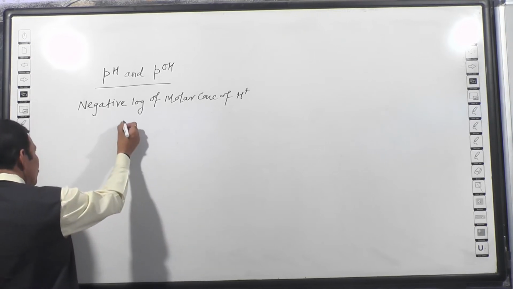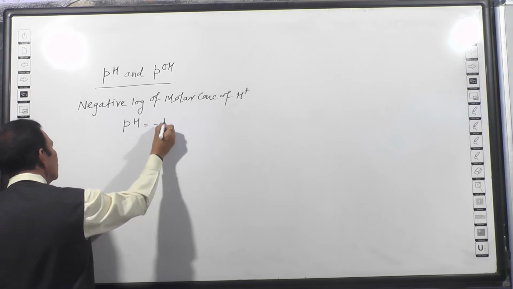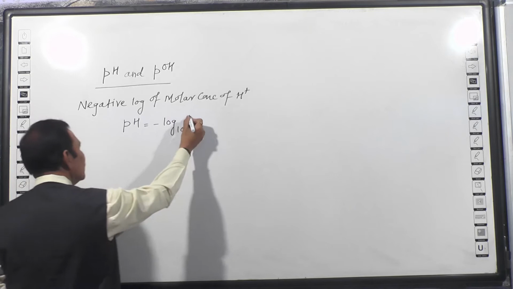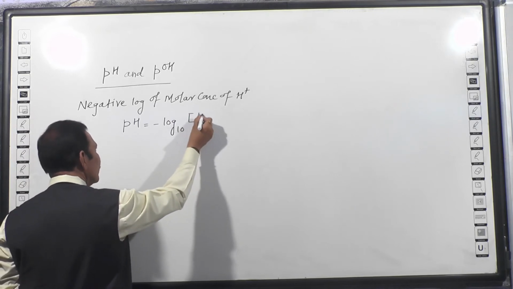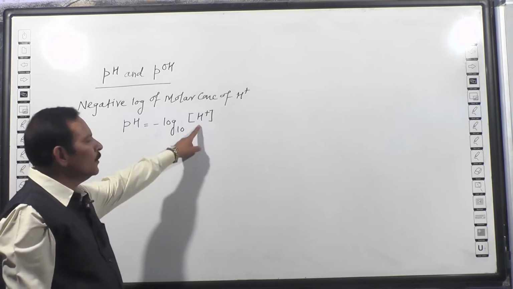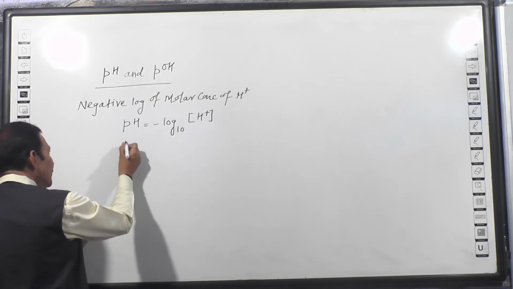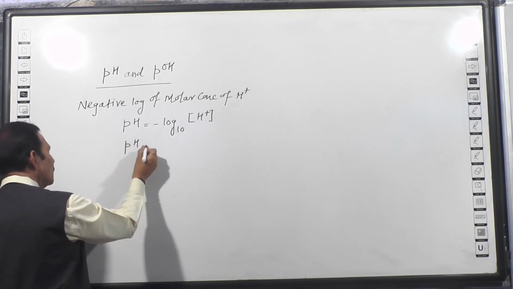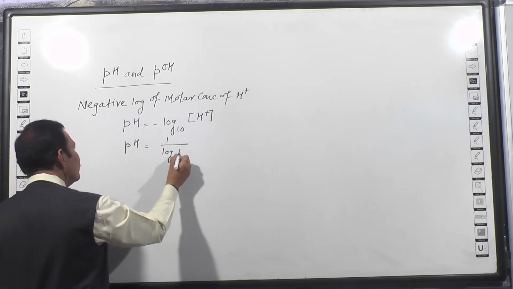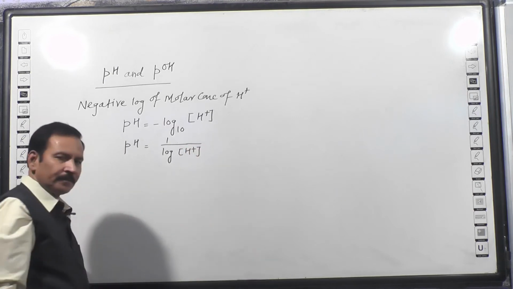So the formula for this will be pH is equal to minus log base 10, never written, it is supposed to be present there, of molar concentration of H plus ions, so square bracket, concentration in terms of mole per dm cube, molar concentration. This can also be written as pH is equal to 1 upon log base 10, no need to write, concentration of H plus ion.